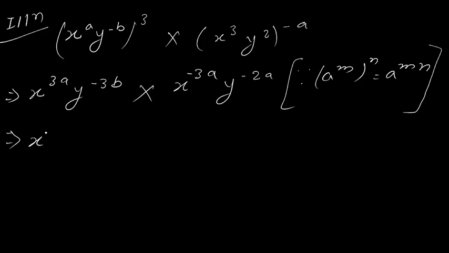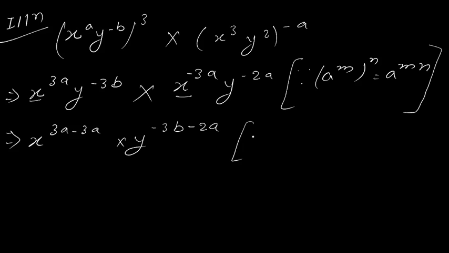चलो अगला ट्रीटमेंट देखो, x and x है तो same variable को combine करके लिखो. So x to the power 3a, and this is in a multiplication term, so obviously the powers will be added: 3a, then multiplied by y to the power minus 3b, and here also y, so plus minus 2a.